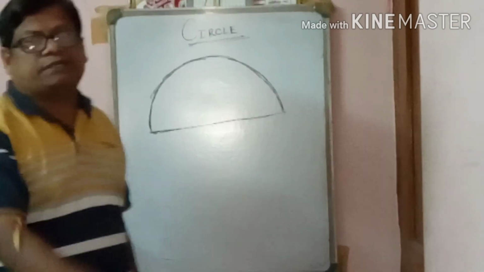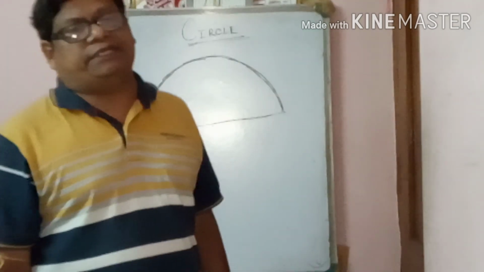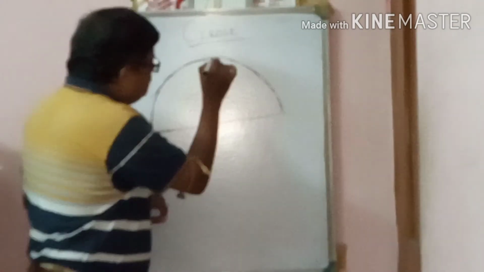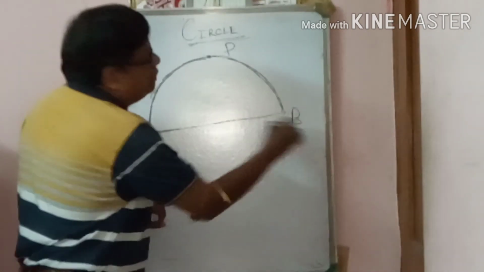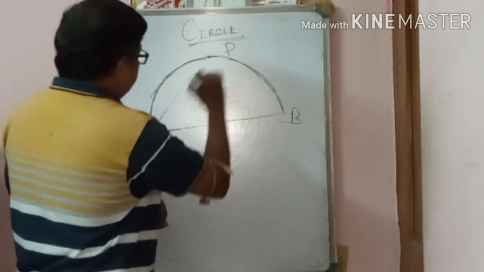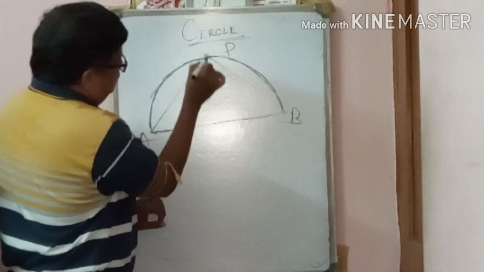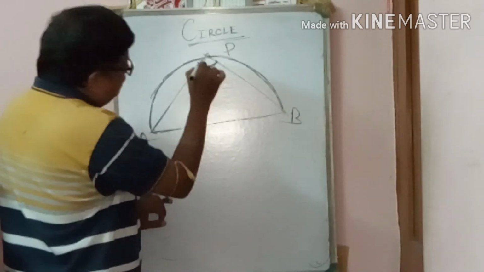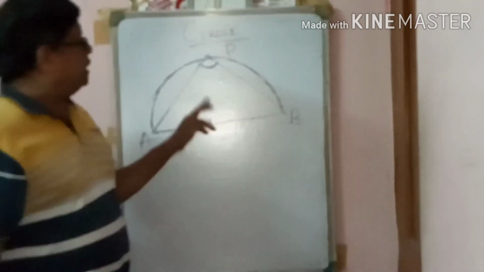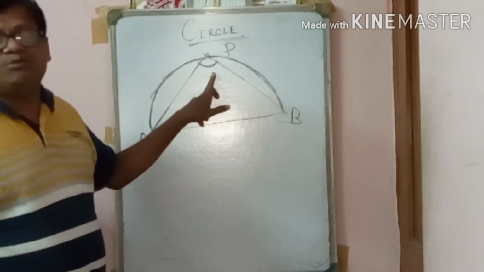Angle in a semicircle is always 90 degrees. Keep in mind. See, suppose you take any point P, suppose this is AB, the diameter, you join here. So this angle is known as the angle in a semicircle.